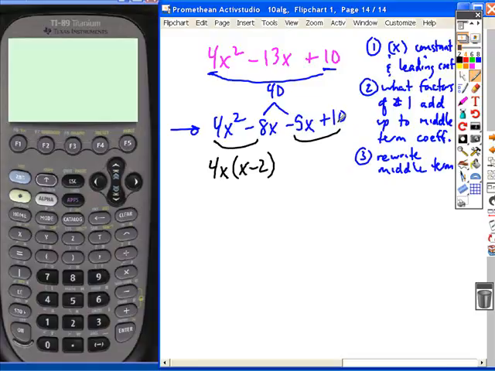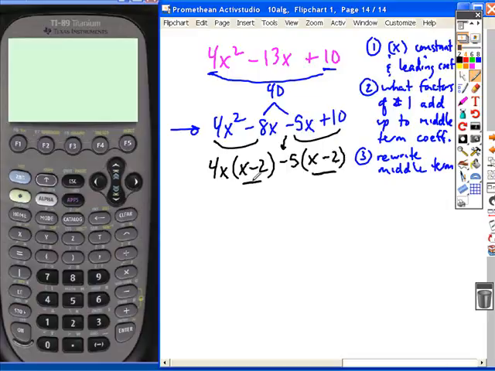Between negative 5x and 10 is negative 5. Again, whatever sign this is, you're going to remove that as part of the factor. If you remove a negative 5 from negative 5x, what's left? X. And if you remove or divide 10 by negative 5, what do you get? 10 divided by negative 5 is negative 2.